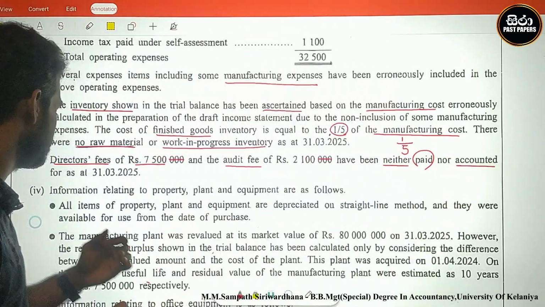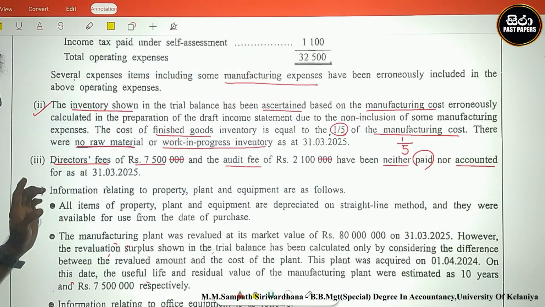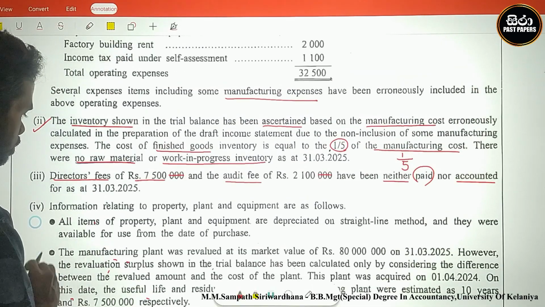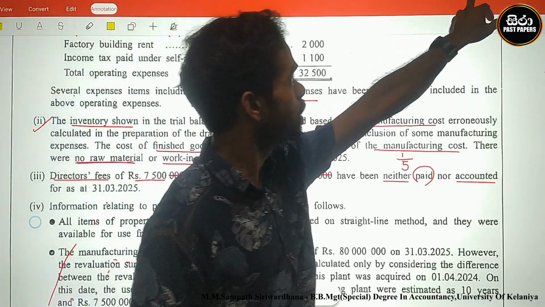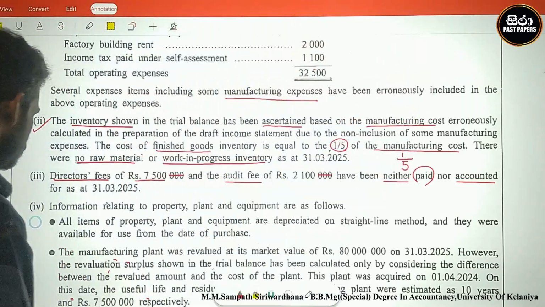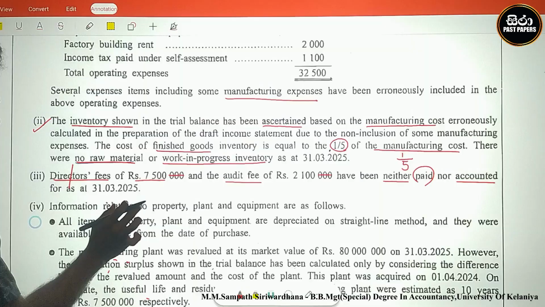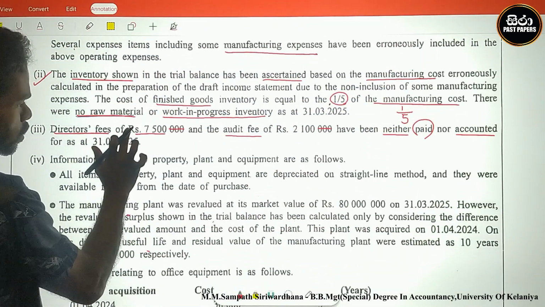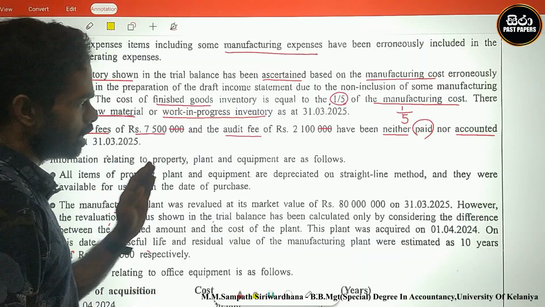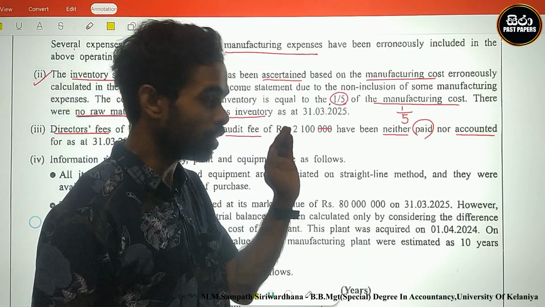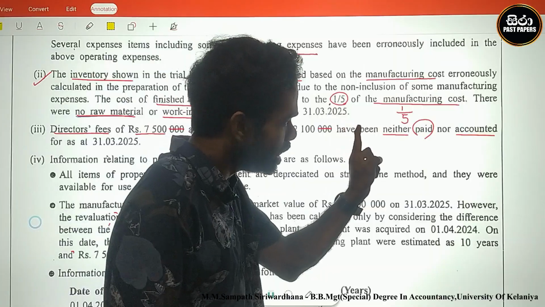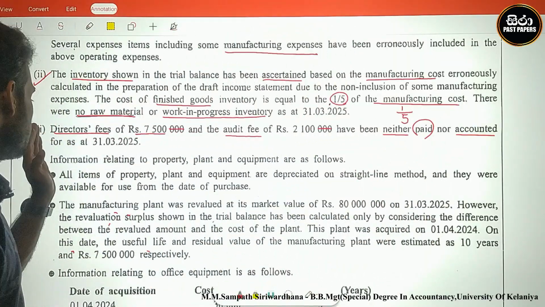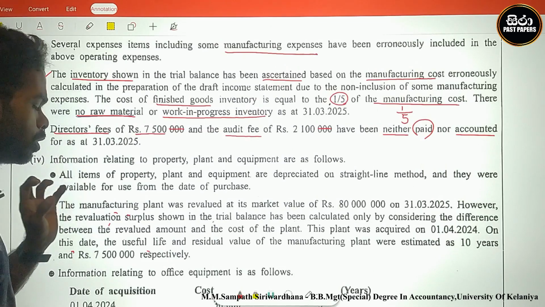There's no accounting as at 31st March. Look here. Director fees of 7,500 and audit fee of 2,100 have been neither paid nor accounted for as at 31st March 2024.